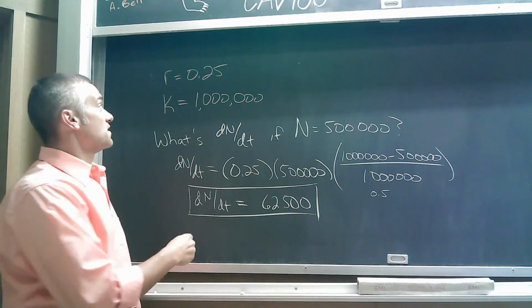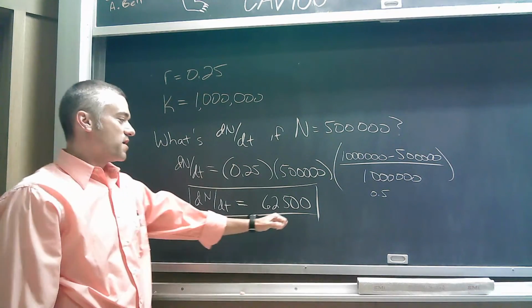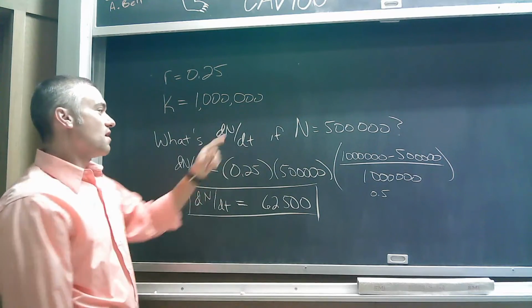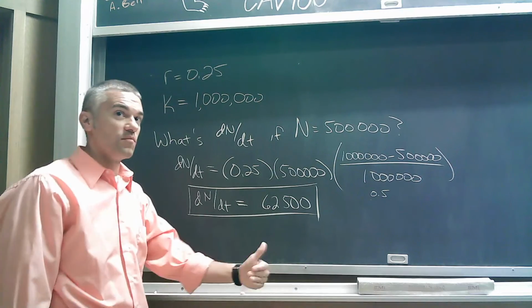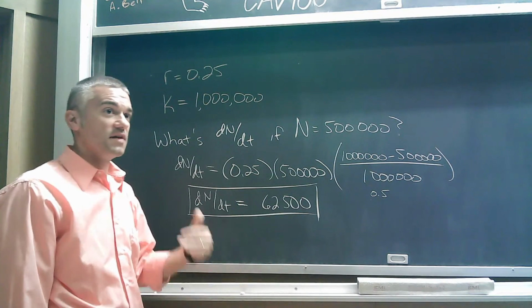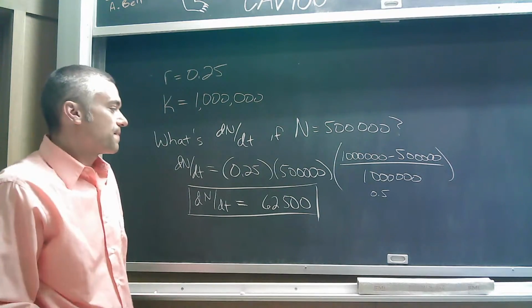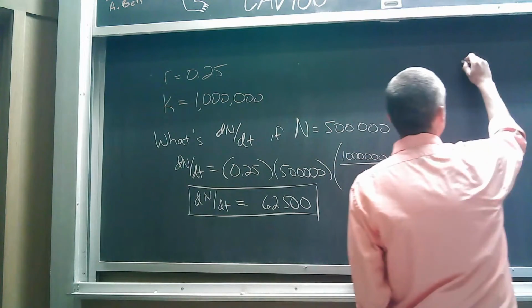So if R is our cells per hour, at this point we are generating 62,500 cells per hour when we have a population size of 500,000. Now, as soon as we have one more cell, it changes. That's part of our instantaneous growth rate. We then ask that second question.